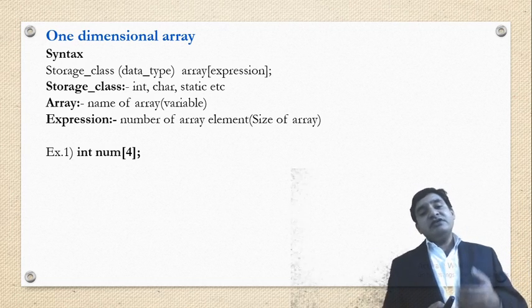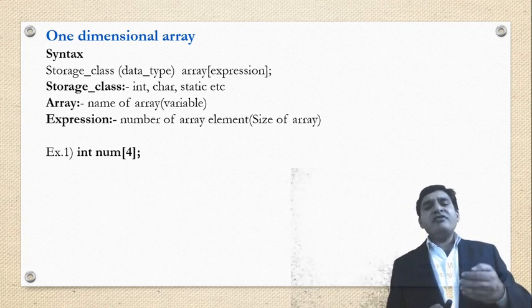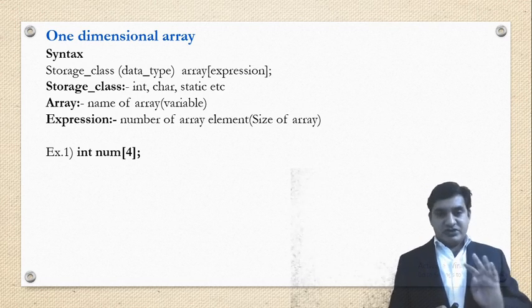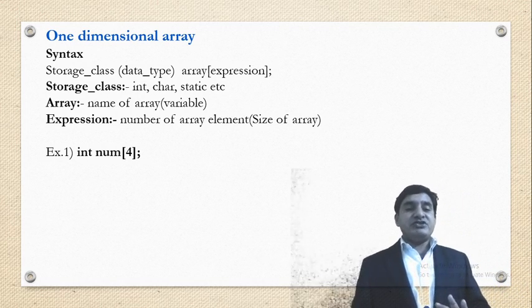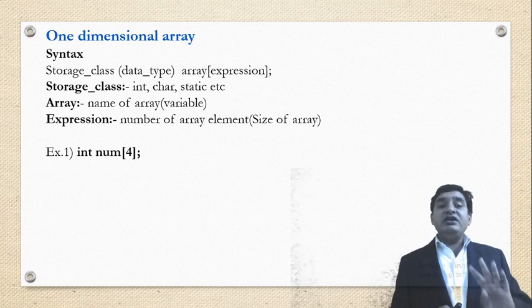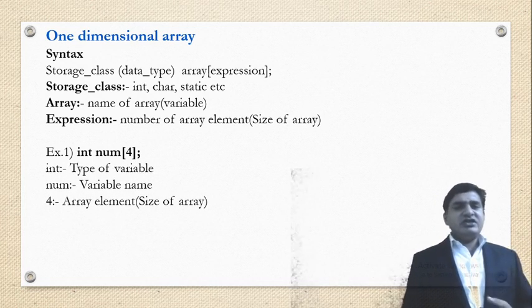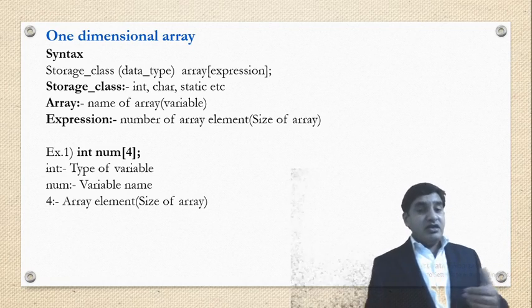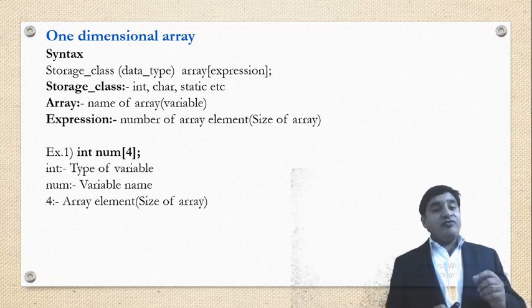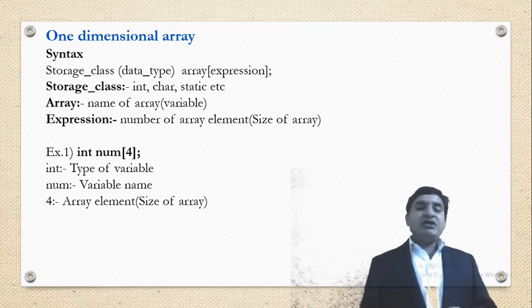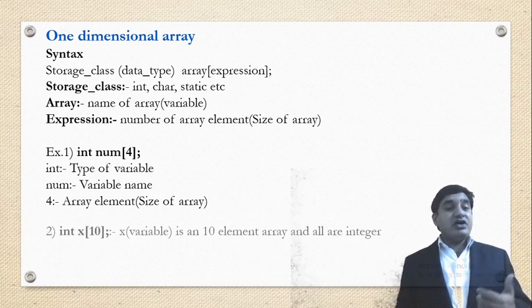In this case, there are 4 integer numbers. Integer is the type of variable, num means the variable name, and 4 is the array size.